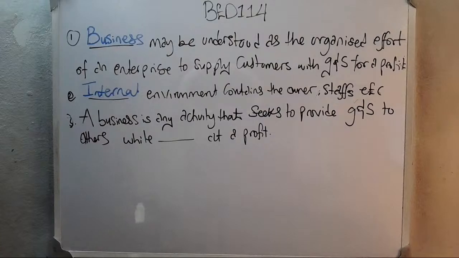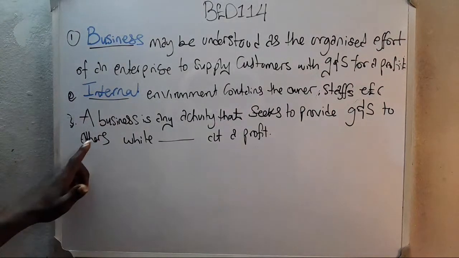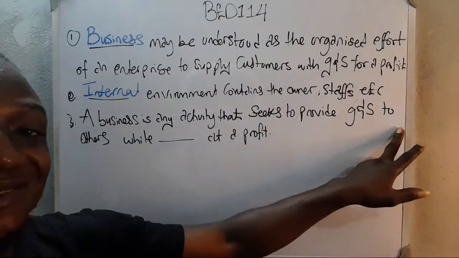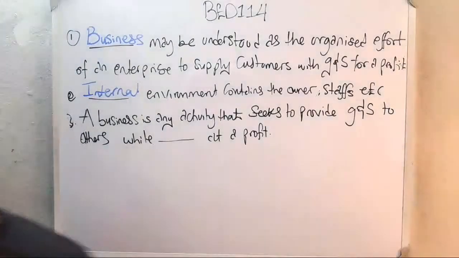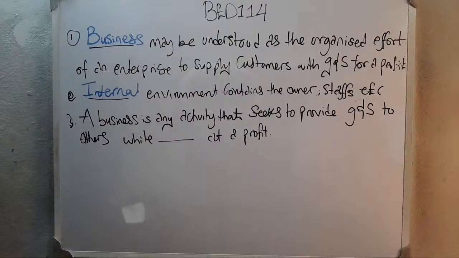The last thing you want to do is to leave a question unattended to. So according to what we have here, it says a business is any activity that seeks to provide goods and services to others while dash at a profit. So what do you have? Please, we are waiting for your answer. Mr. Jackson, are you also there?